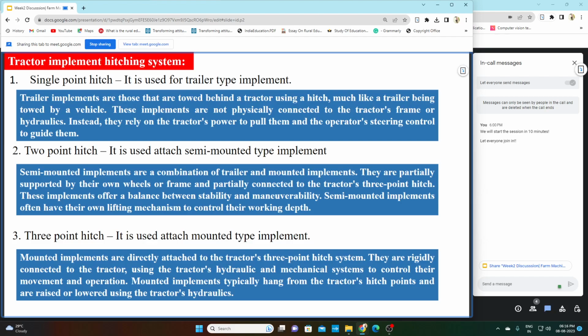All implement operations, like raising or lowering the implement, are done by the tractor, because all the 3-point hitch of the tractor is connected with the implement. So these are the three implements.